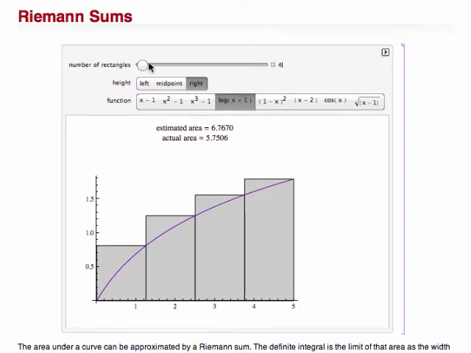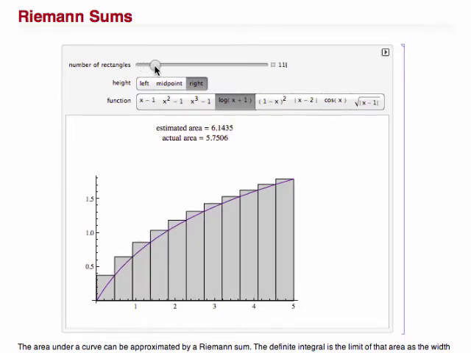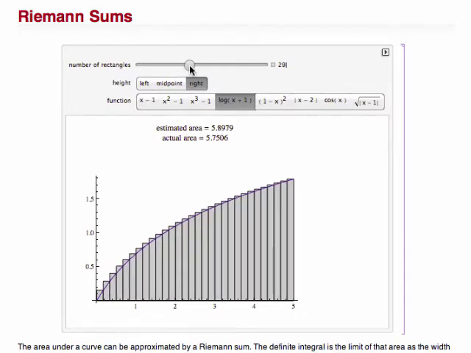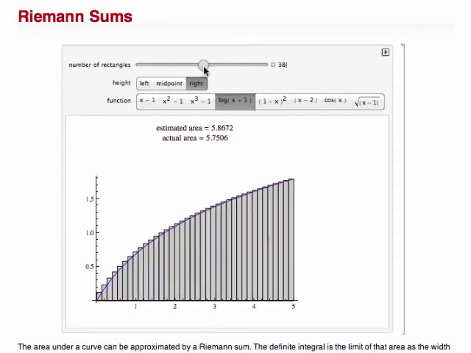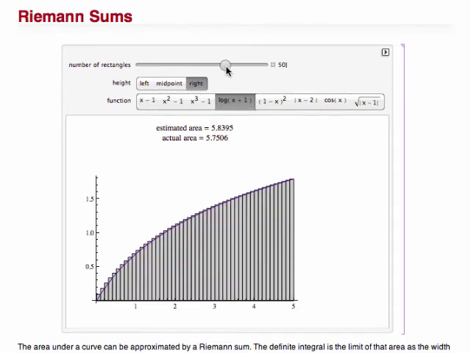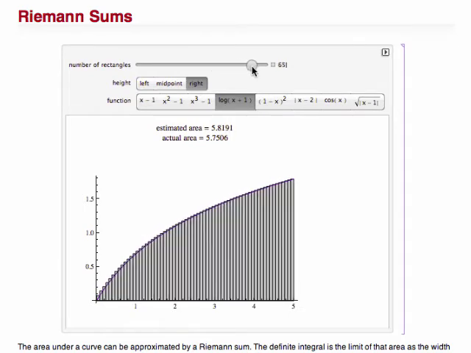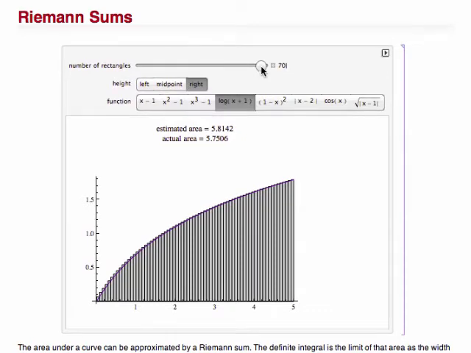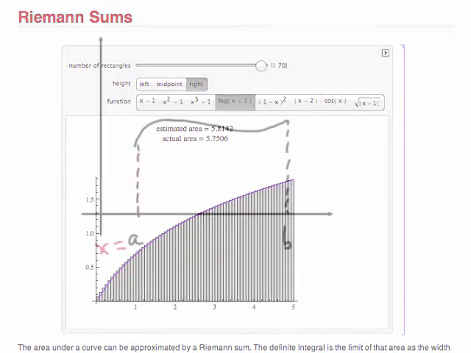You'll remember that the concept of finding the actual area is to increase the number of rectangles, n, and make n go to infinity, which basically means that the width of each rectangle, delta x, approaches 0. The more rectangles we have, the more the area will approach the actual area under the curve between 0 and 5.